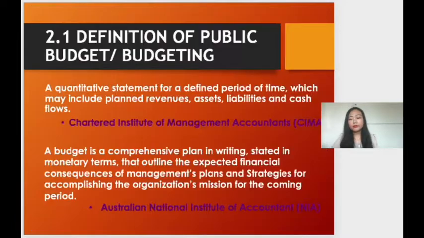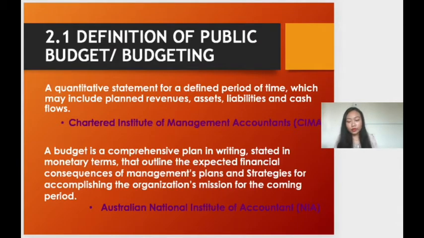Alright, based on two institutes. The first one is Chartered Institute of Management Accountants or CIMA. This was the one that I have mentioned earlier on. So what is public budget? Public budget is a quantitative statement for a defined period of time, which may include planned revenues, assets, liabilities, and also cash flows.